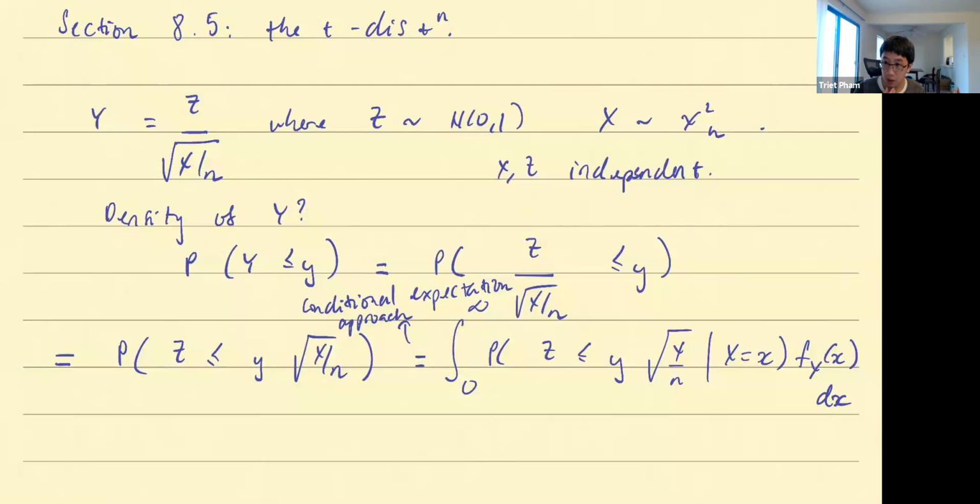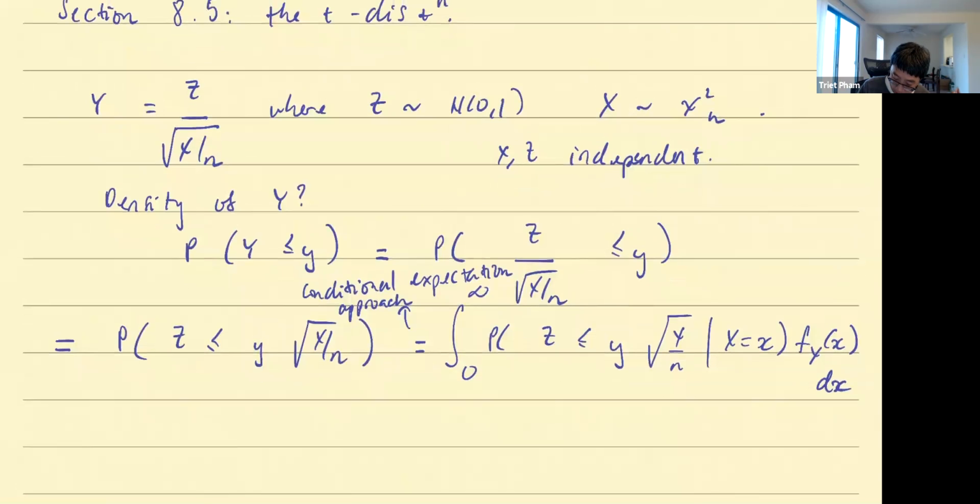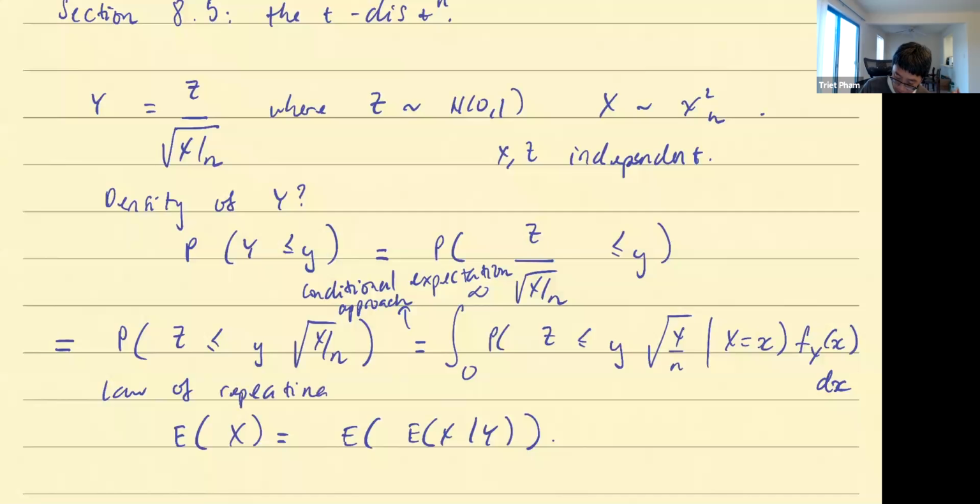What I'm quoting is this so-called property: the expectation of X is the expectation of the expectation of X given Y. It's basically the expectation of conditional expectation gives you expectation.